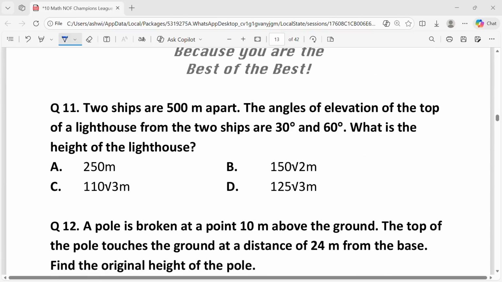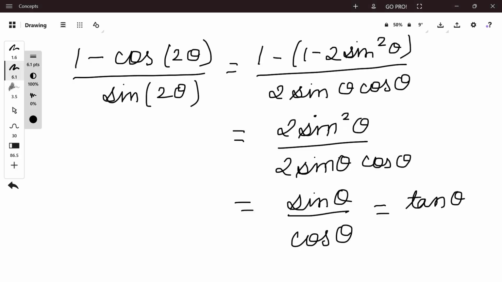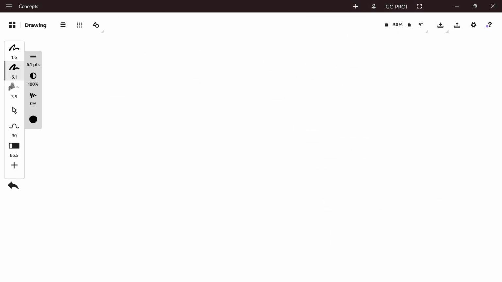Question 11. Two ships are 500 meters apart. The angle of elevation of the top of a lighthouse from the two ships are 30 degrees and 60 degrees. What is the height of the lighthouse? Let h be the height of the lighthouse and x be the distance from the base of the lighthouse to the closer ship.